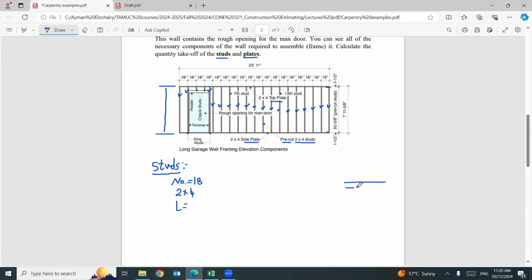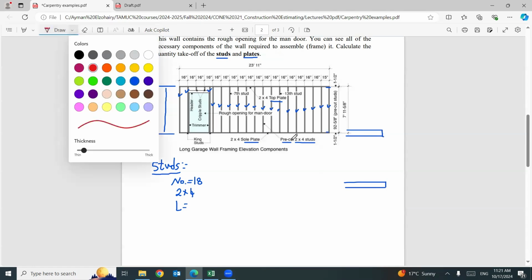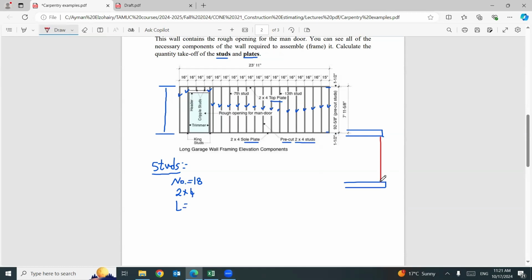This is the thickness of the bottom plate, and this is the thickness of the top plate. And we are going to construct the studs in between. Does that make sense? So the dimension, which is 7 feet 11 inch 5/8, is given from here to here.